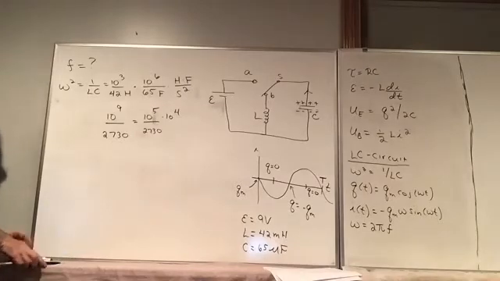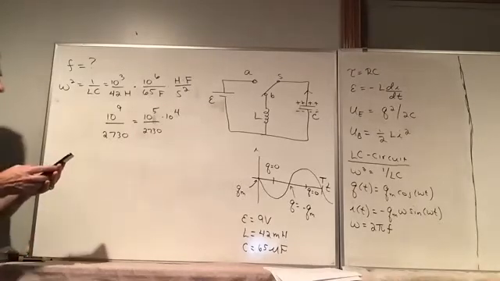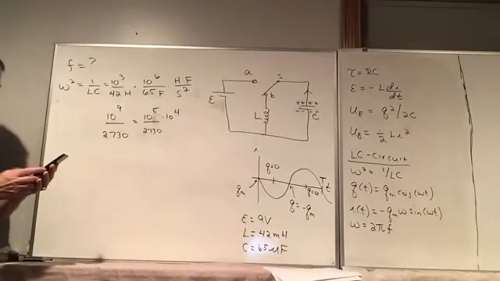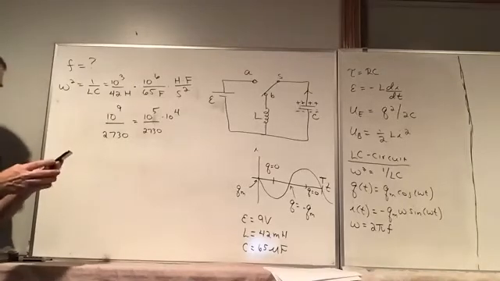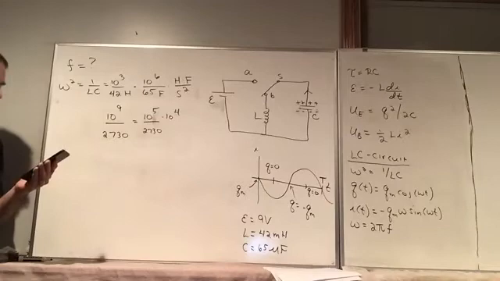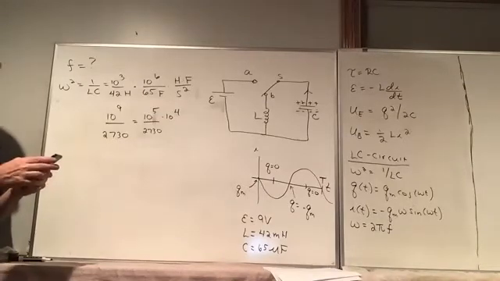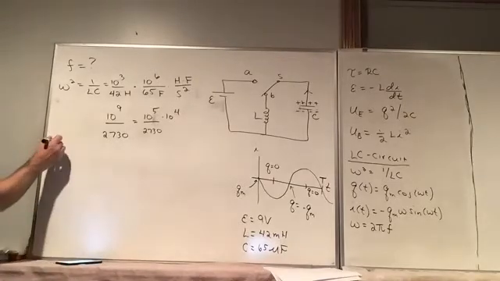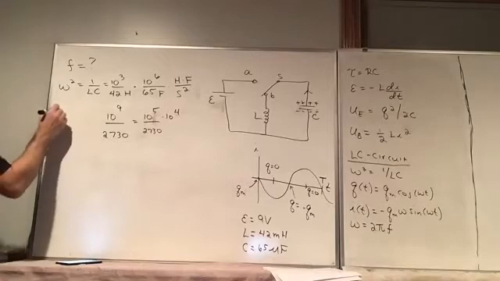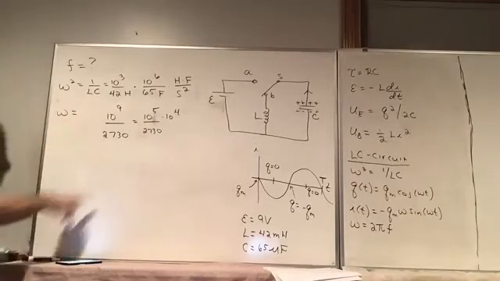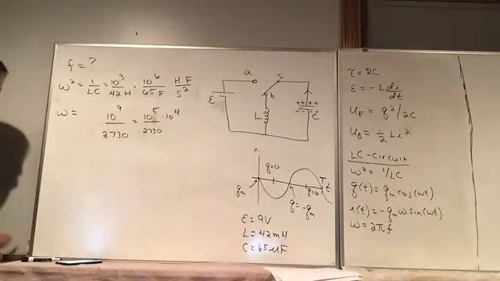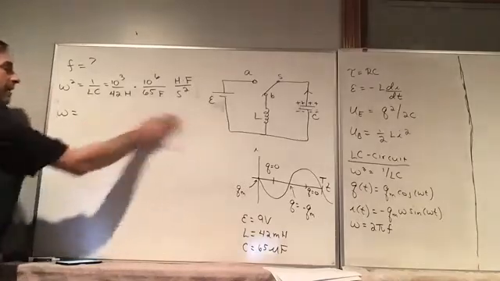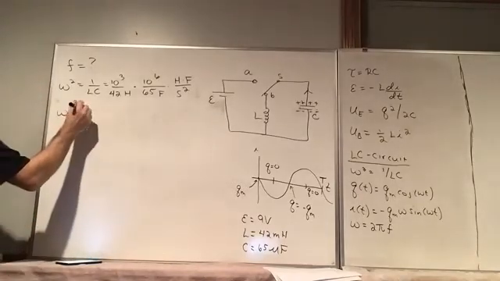So 10 to the 5th divided by 2730 is 36.63. The square root is 6.05. And so omega, then we multiply by 100, is 605 radians per second.